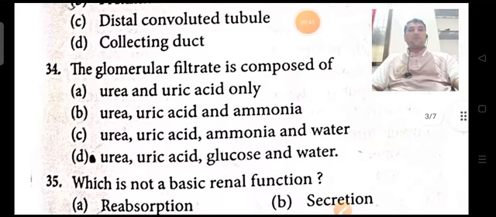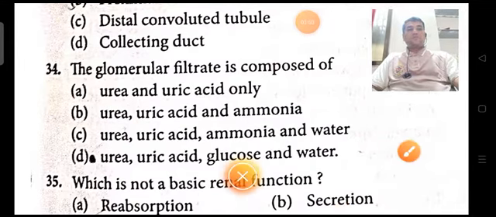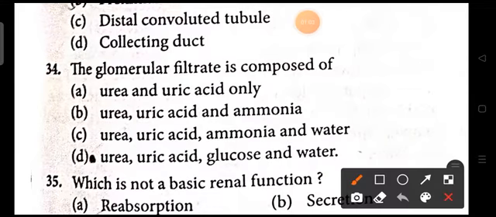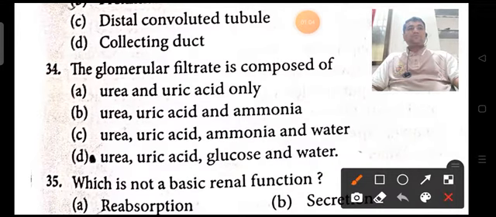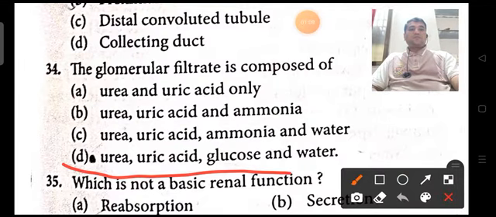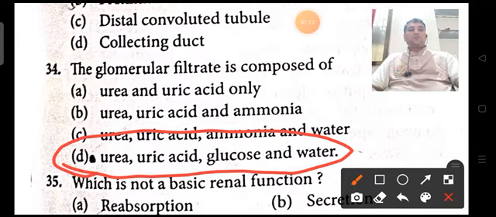Glomerular filtrate generally consists of glucose, water, along with the urea produced from the liver and also the uric acid. So we can go with the fourth option for this answer.